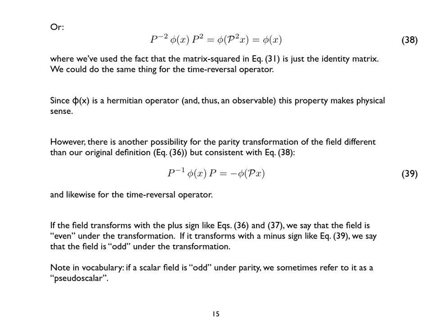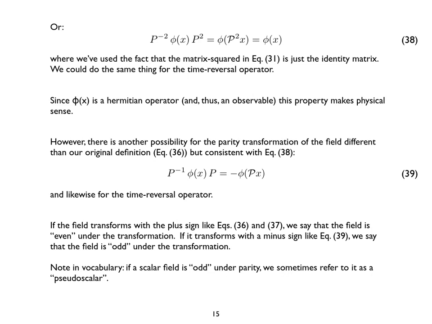Just by convention, if the field transforms with a plus sign, we call it even under the transformation, and if it transforms with a minus sign, we call it odd. If a scalar field is odd under parity, you sometimes hear it called a pseudoscalar, because it's a scalar but it changes under parity. So when we write down our Lagrangian, let's say we observe parity symmetry in nature.